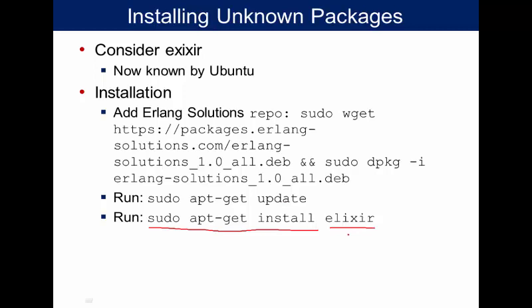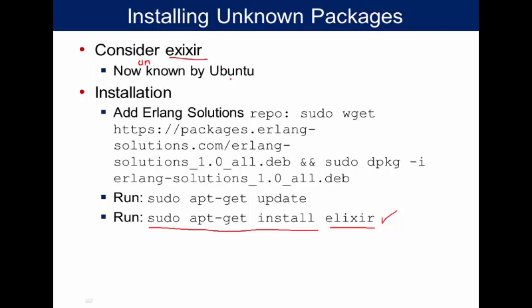But anyway, let's say this is a new program, but by default, Ubuntu operating system does not know it. Then how can we install it? For example, consider Elixir, now unknown by Ubuntu.